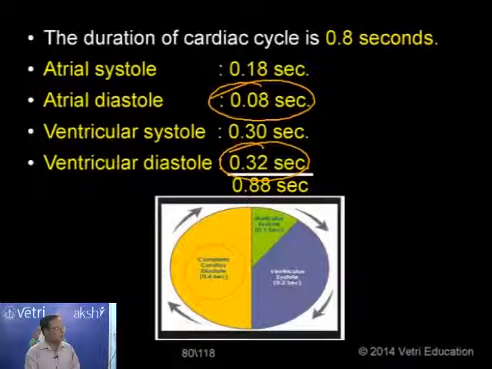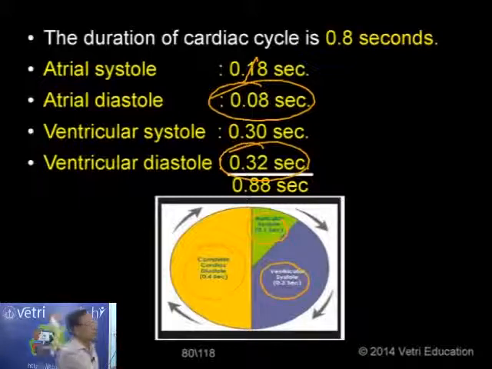So for complete diastole, the total time taken is about 0.4 second. Similarly for complete systole, the duration is about 0.1 second for the atrial systole, and then we see the ventricular systole is 0.3. So it is equivalent to 0.4.